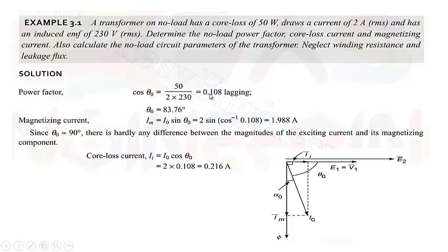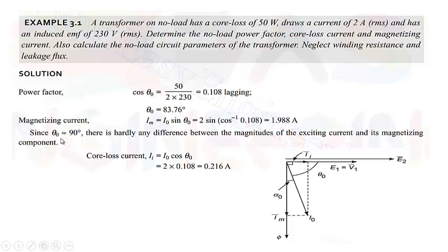This theta naught is calculated from cos theta, so theta naught will be equal to cos inverse of 0.108. Now from this, Ii will be equal to I naught cos theta naught, and Im will be equal to I naught sine theta naught. So Im is equal to 2 sine of cos inverse of this, that is 83.76 degrees, that is equal to 1.988 amperes.